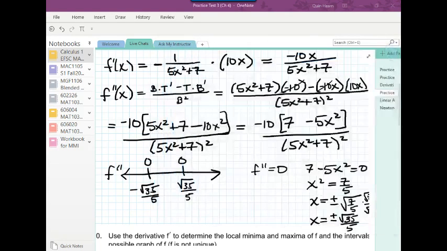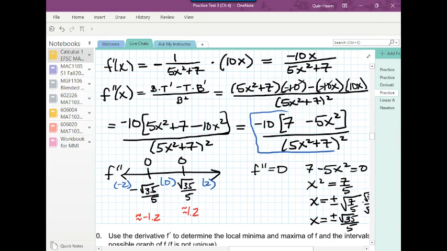Okay, now to find where f double prime is undefined, you have to set the denominator 5x squared plus 7 equal to 0, and that's not going to have any real solutions, because notice if you multiply a positive x squared times a positive 5 and add 7, you're going to get something bigger than 0. So no real solutions. And we're only talking about real valued functions, so we can disregard that.